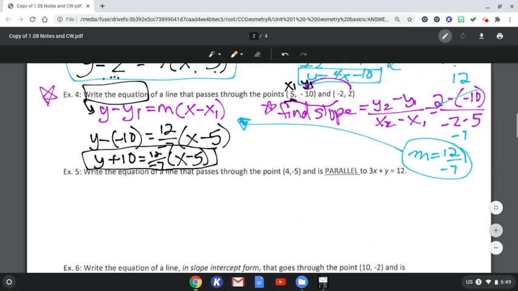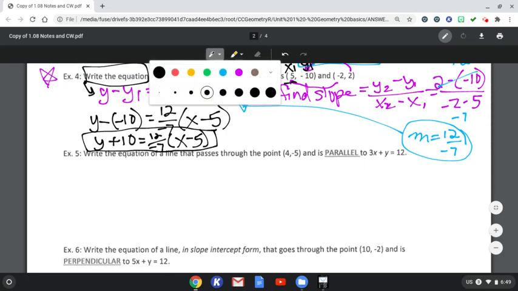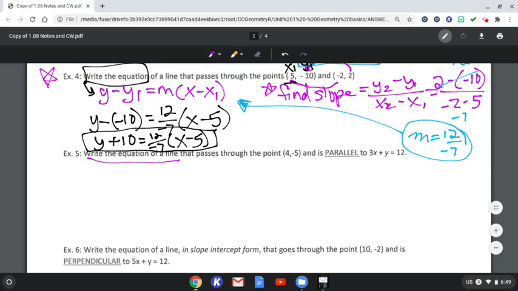So looking at the next question, number 5. Here we need to write the equation of a line. Write the equation of a line that passes through the point, so there's our x1, y1, for negative 5, and is parallel to this equation here: 3x plus y equals 12. So again, when we're asked to write the equation, we need the formula y minus y1 equals m times x minus x1.